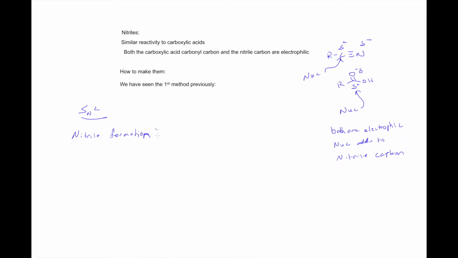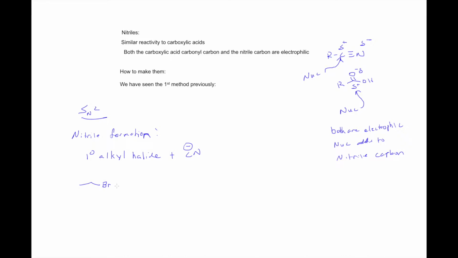We've discussed this reaction before, and this is using an SN2 reaction to use the cyanide anion to attack a primary alkyl halide. Just to remind you that this is an SN2 reaction, you're going to want to keep your alkyl halide primary.